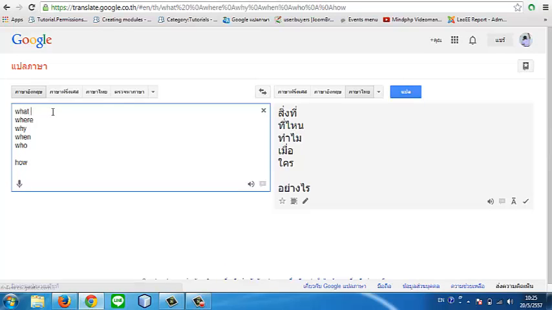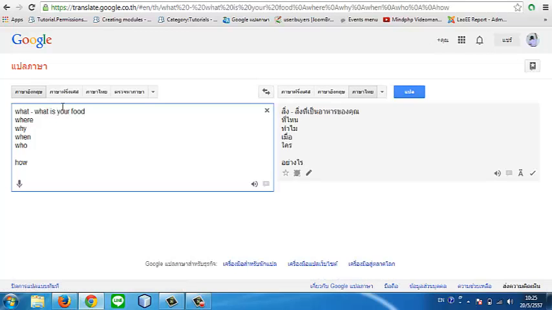We use what when we are asking for which thing or action, idea or something, like what is your food. That is the example. Now this one, where, when we are asking for the place, like where is your house.